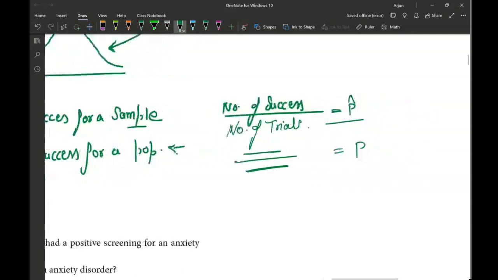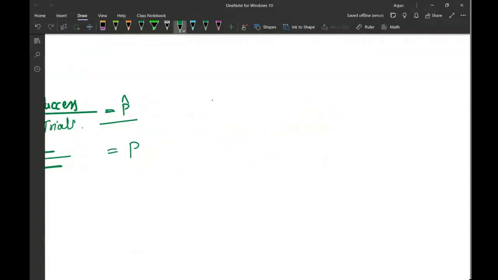Other than that, you will also find a formula for the standard error for proportion, that is sigma p hat, which is equal to the square root of pq divided by n, and everything is under the square root.